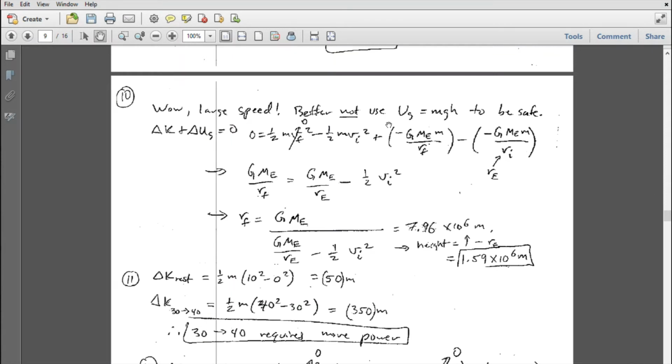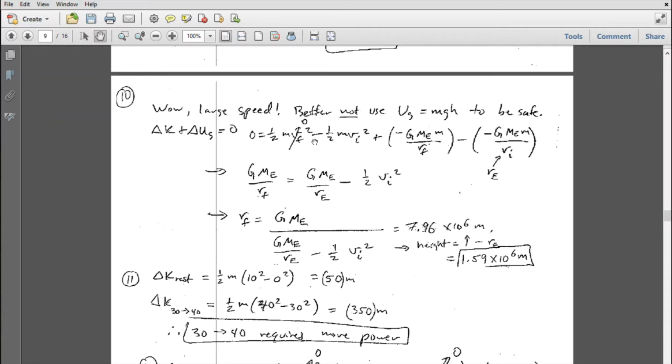Okay, so we're going to use energy methods. I'm going to take the system to be the object that was launched plus the Earth, with gravity being an internal force between the two, and there are no other forces acting on it between initial and final. So that means the net work done by external forces is 0, and that's equal to delta KE plus delta PE.